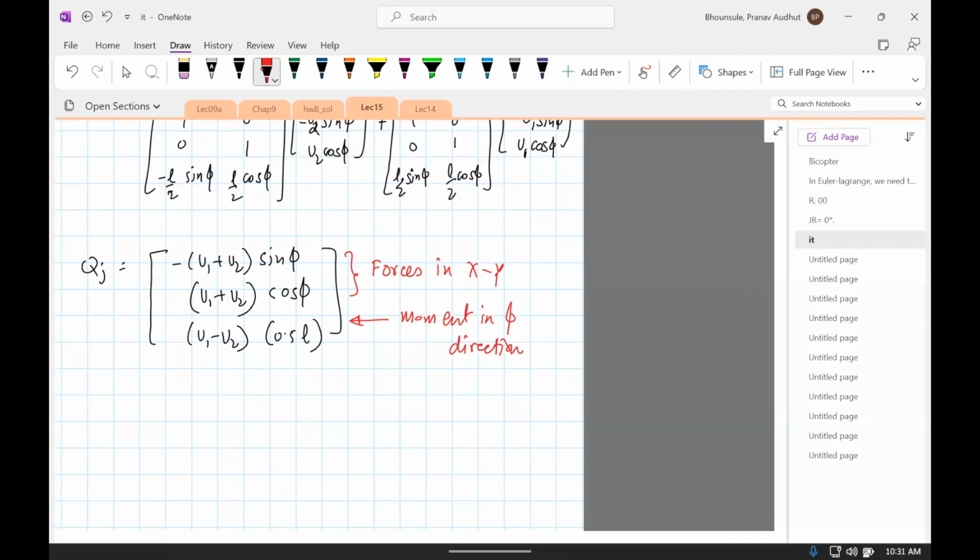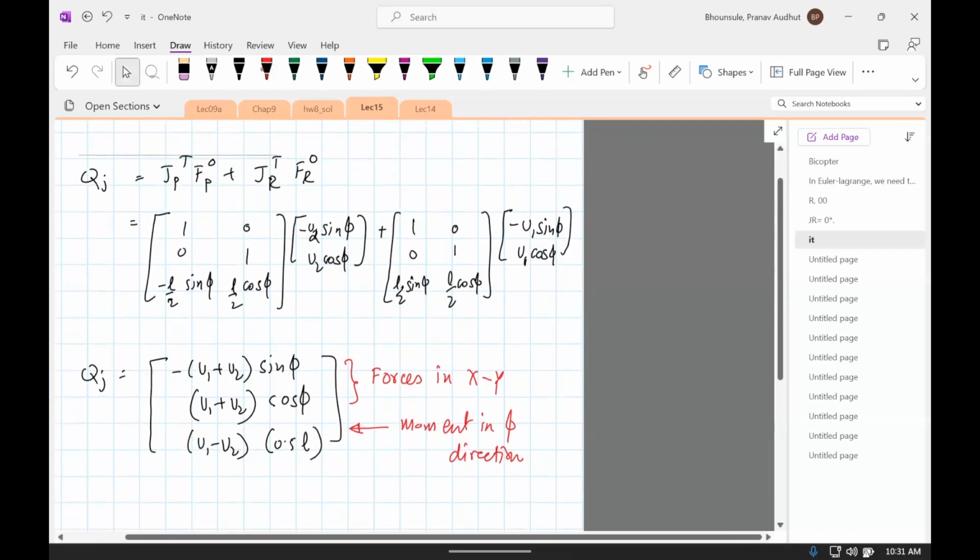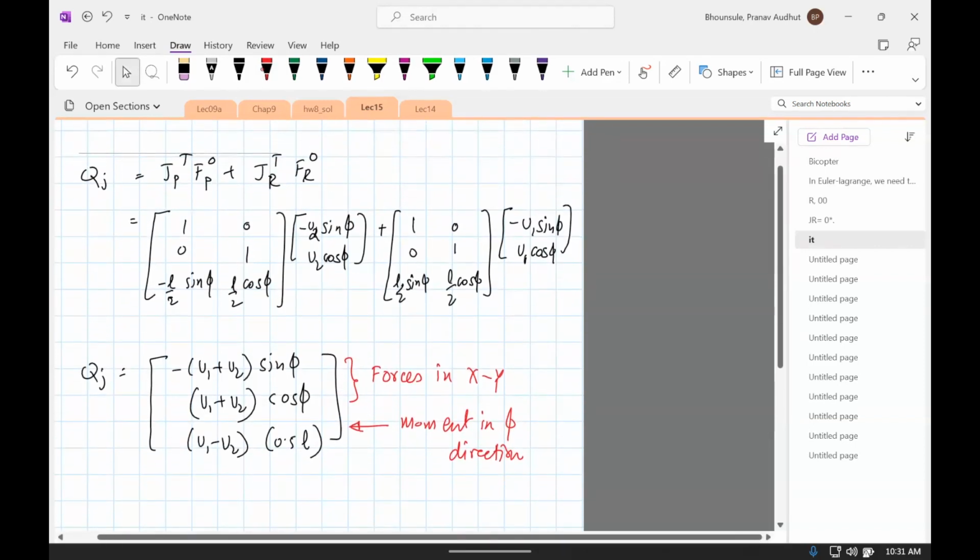Okay, if you think of statics, you can see that if you have thrust forces in the direction I've shown, then you can resolve them along the x and y direction to get these forces.